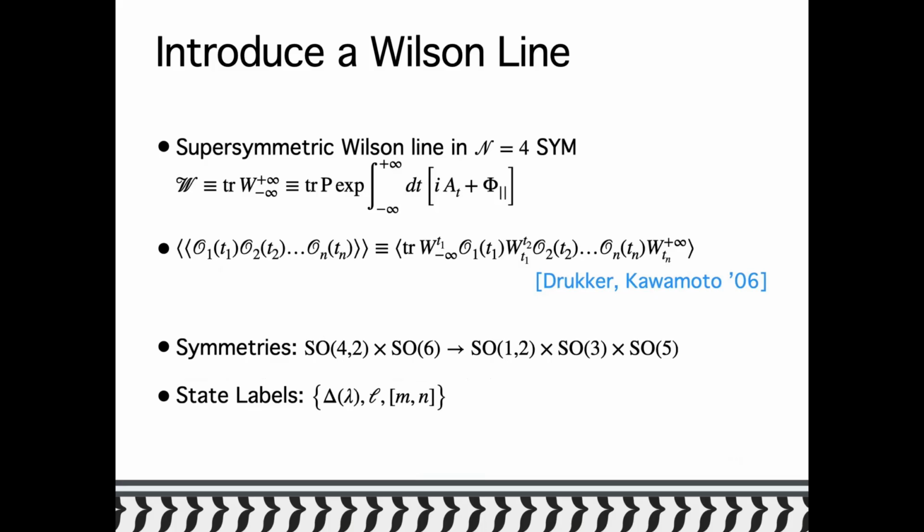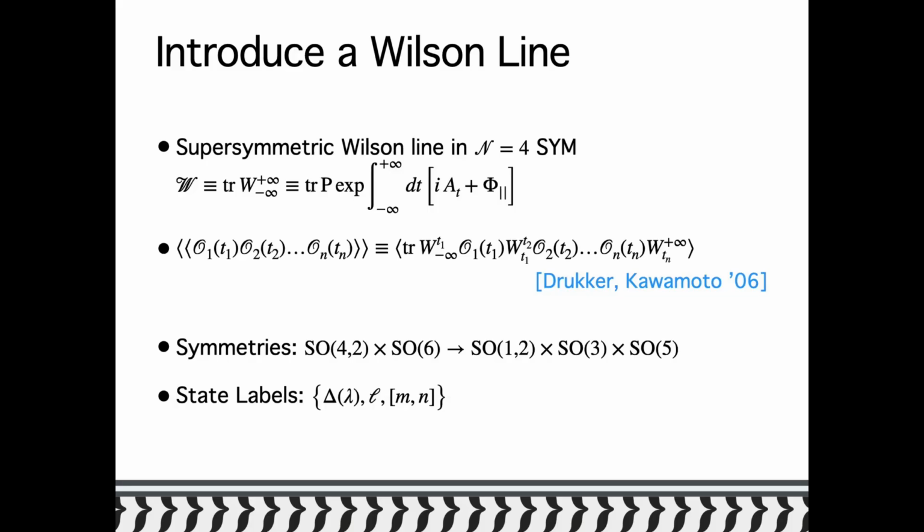The reason why we introduced this is because now we've introduced a one-dimensional defect inside the theory, and in particular, you can start computing interesting observables. The observables that one can compute now are these double-bracketed expectation values. So you have your Wilson line.